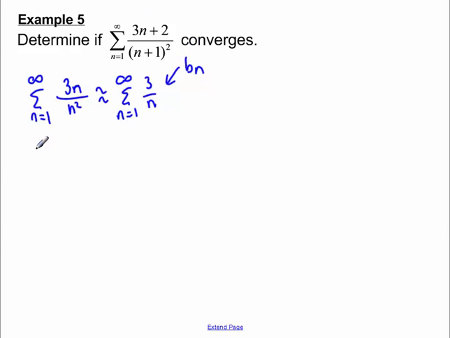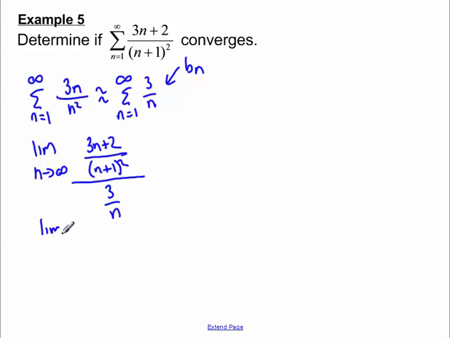So we then take our limit as n goes to infinity of a of n divided by 3 over n. Now simplify this out. So 3n plus 2.